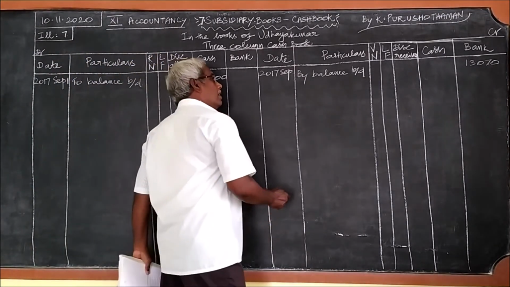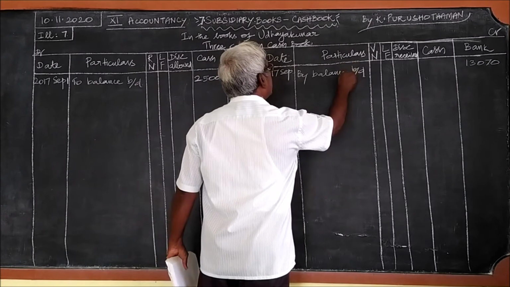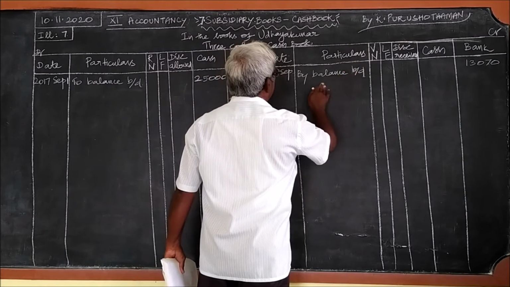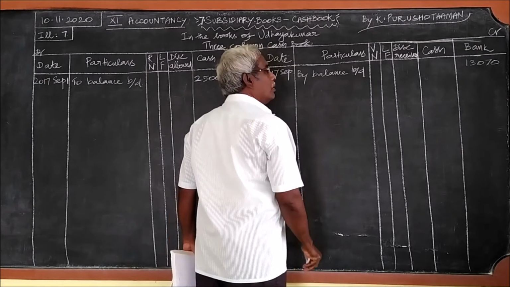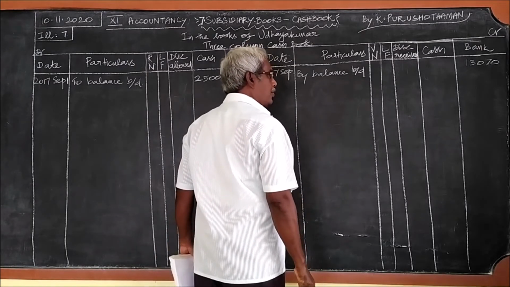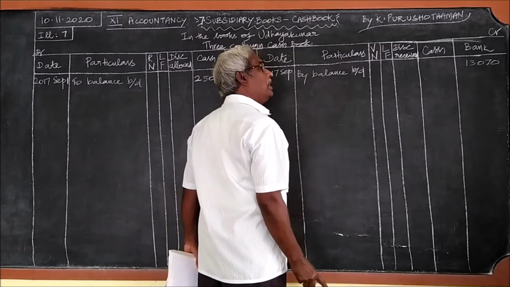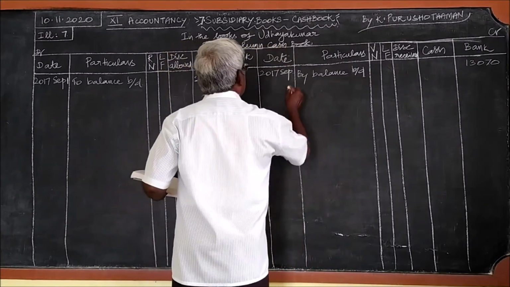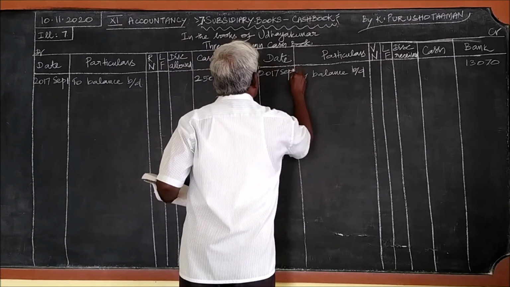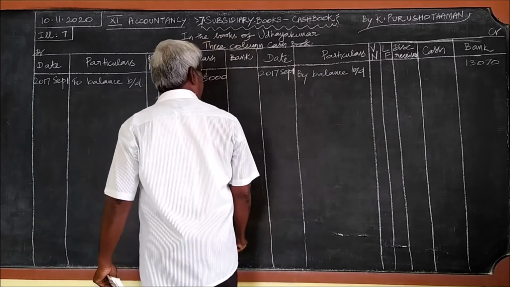Even if it is bank overdraft, you should write on the credit side only. Be very careful in writing the balance. If you change the sides by mistake, the entire problem will be wrong. This is also on 1st September.